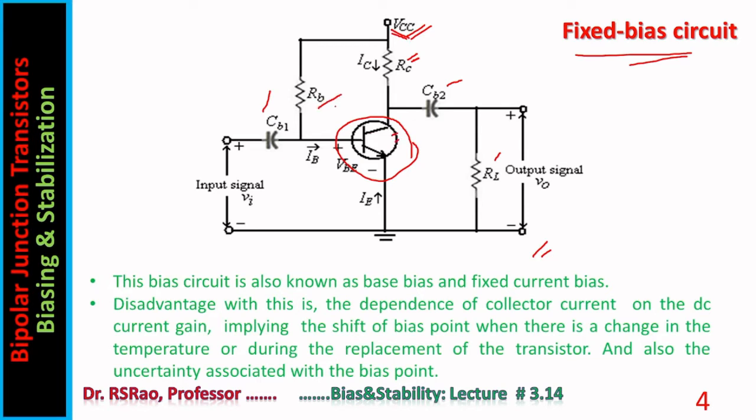Now RB is a resistor. Notice this is the amplifier circuit, so emitter has to be biased in forward direction, and collector junction has to be biased under reverse bias.